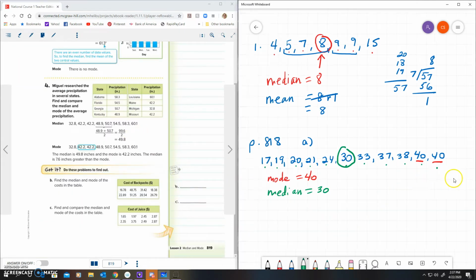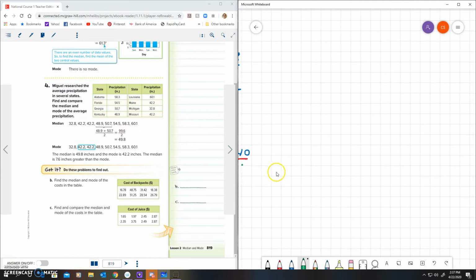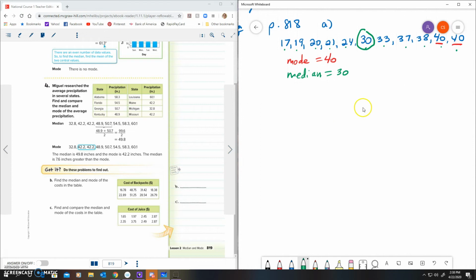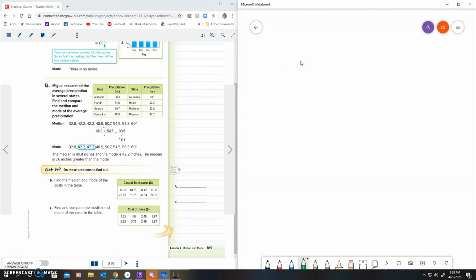Next two examples. We're going to slide this over. Okay, well, let's slide it up. So it says find the median mode again. Notice we have 8 data pieces. We're going to have to do something a little bit different.